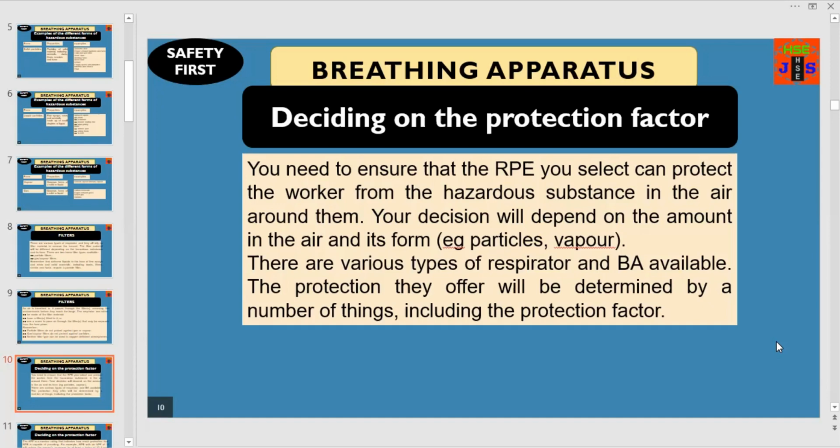You need to ensure that the respiratory protective equipment you select can protect the worker from the hazardous substance in the air around them. Your decision will depend on the amount in the air and its forms, particles or vapors. There are various types of respirators and breathing apparatus available. The protection they offer will be determined by a number of things, including the protection factor.